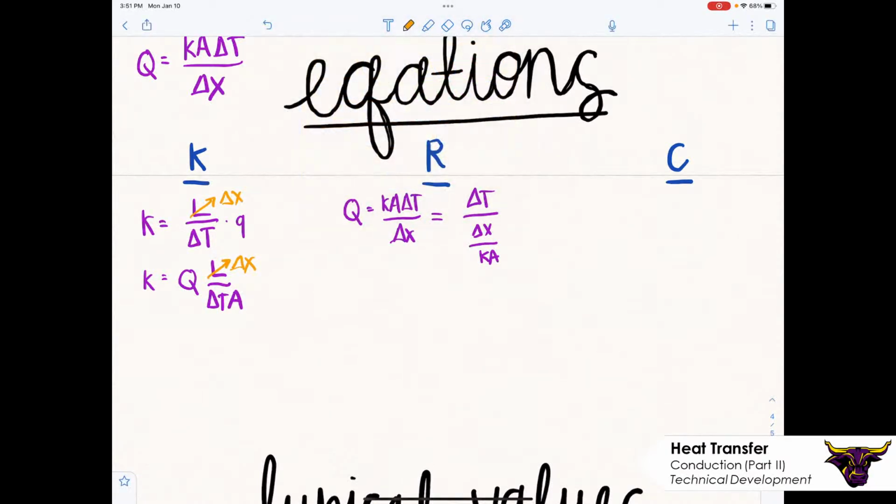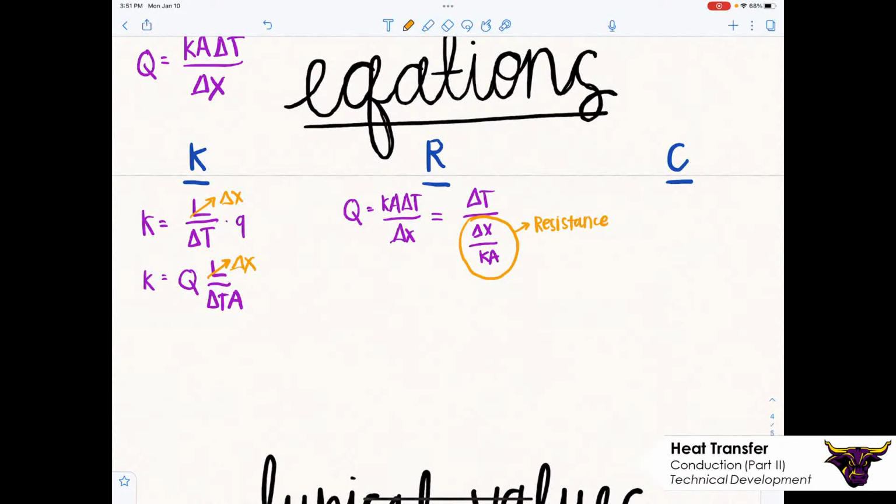So if we pull this bottom variable right here, delta X over Ka, this is going to be our resistance, our thermal resistance. And that's just a convenient grouping of that thickness over the thermal conductivity times area.